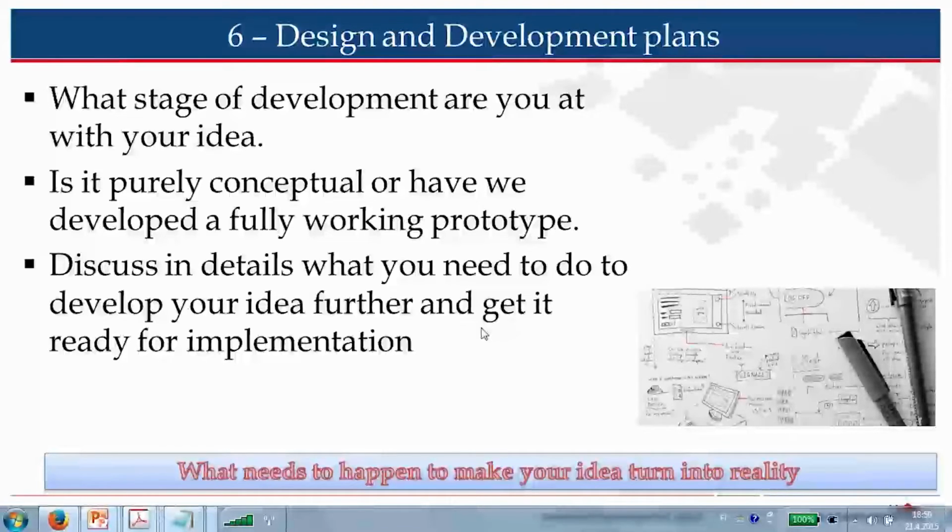So we need to present those, and then discuss what you need to do to get it ready for implementation. This is to convince the management that whatever idea or prototype you have developed can really turn into reality, and to ensure that this project or business case is successfully executed. So in this section you need to clearly say what the design and development plans are, what stage you are at, and discuss further what you need to do.